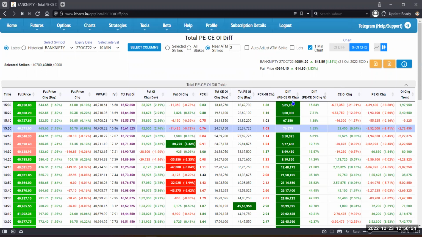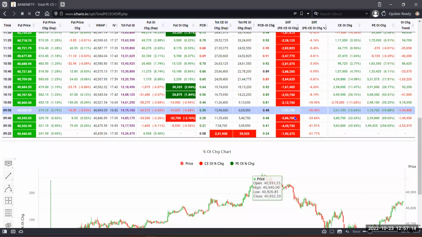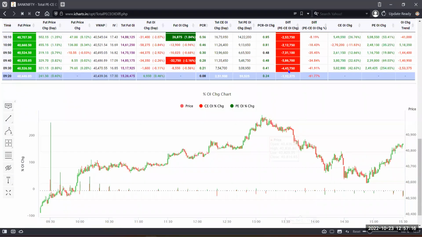The most important column you need to look at is the diff of OI change. This is the put OI change minus call OI change for the day, so it is based on the day's OI change difference. It will quickly tell you which side the market is.